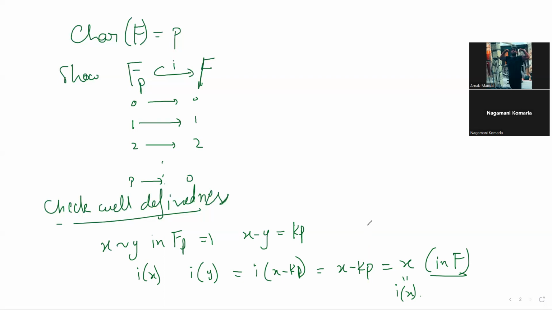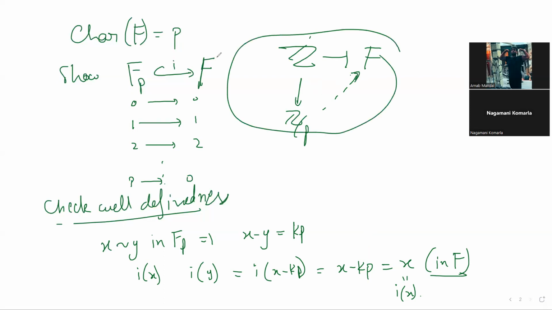There is a better way to say it, but I'm not getting into it. You should ideally say that there is a map from Z to F, and then this is a quotient, and the map factors through the quotient because p is contained in the kernel, and so first isomorphism, whatever you want to say. But it's the same thing. This is from the definition you gave me, so it's fine.